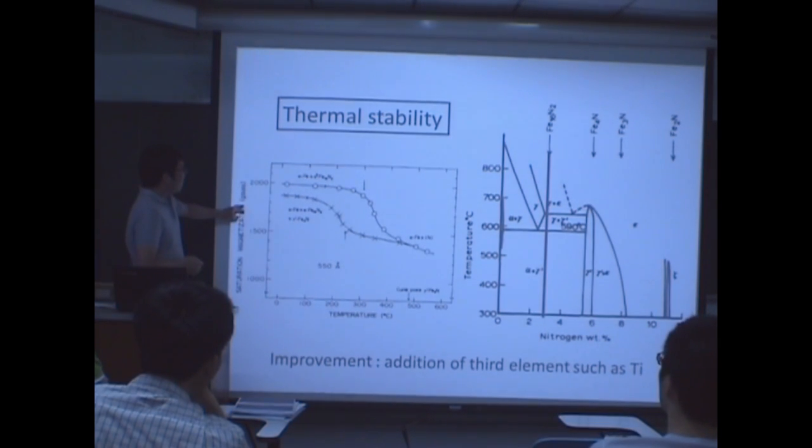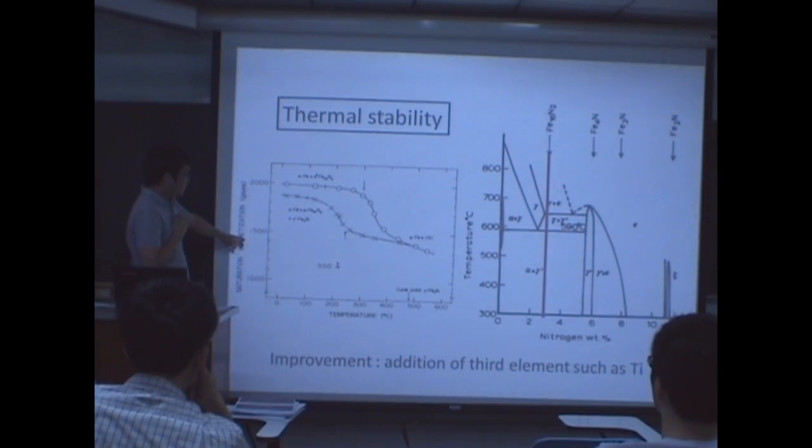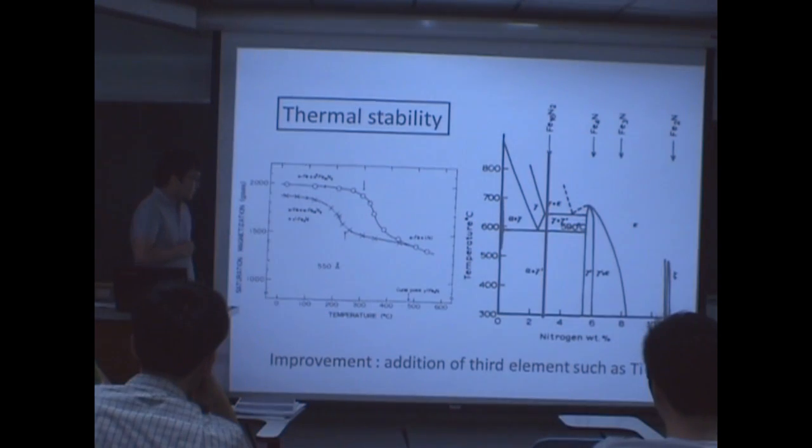Here, as the figure shows, because of the nature of the metastable alpha double prime, it decomposes at a temperature above 300 degrees Celsius.